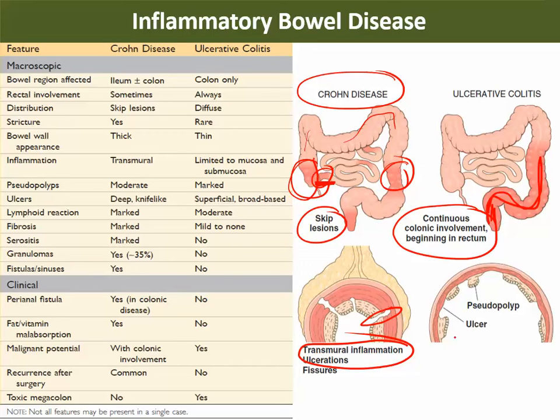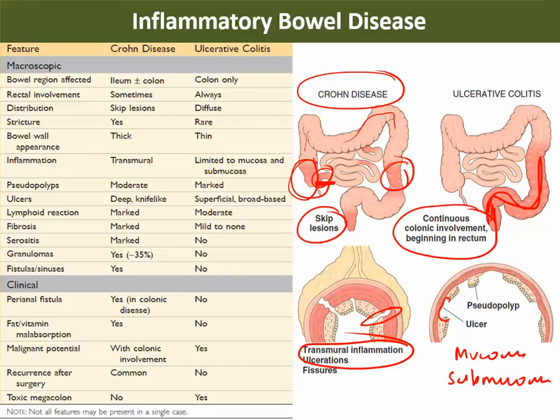Whereas in ulcerative colitis, the inflammation is at the mucosa and submucosa. So the ulcer will be removing the mucosa and submucosa. It will be a broad-based ulcer. Understand? The ulcer will not be very deep. So it will be like a broad ulcer, but inflammation will be seen in the mucosa and submucosa.